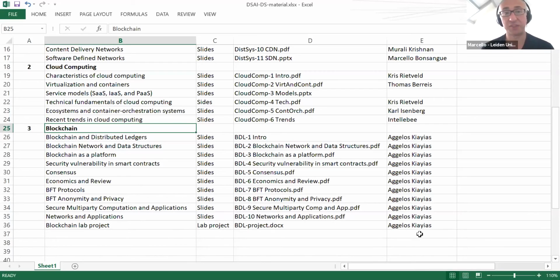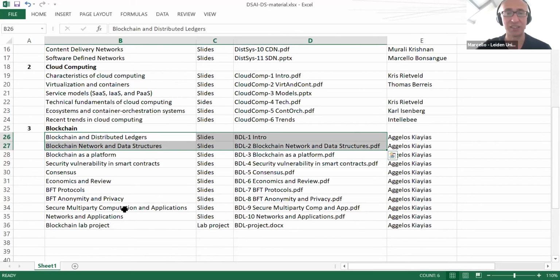First they introduce what blockchains are and what the data structure of a blockchain is. These are the basic lectures that everyone needs to have, and then you move to the different aspects related to blockchain.